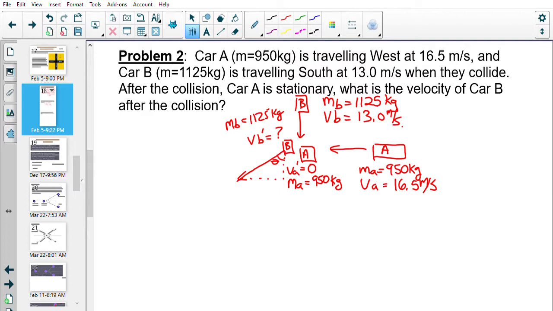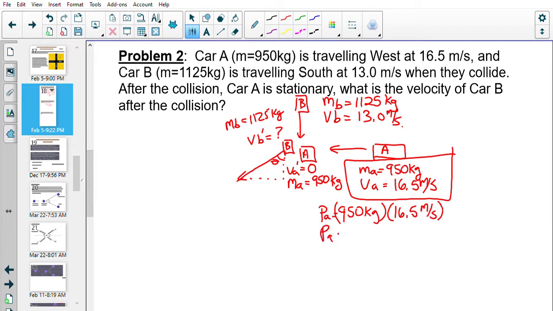So again, to find the momentum of B, we need to work out all of the x's before, and then we can translate that to be all the x's afterwards. So all my x's before are these ones here, because they're in the x direction. So I can get PA initially. It is 950 kilograms times the 16.5 meters per second.